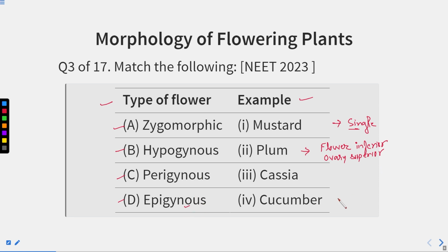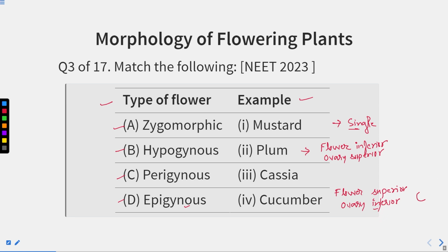Okay, then let's talk about epigynous flower. Epigynous flower means flower is superior here. If the flower is superior, then ovary is inferior. And the floral parts such as sepals, petals and stamens, they arise from above the ovary because the ovary is inferior. Okay.